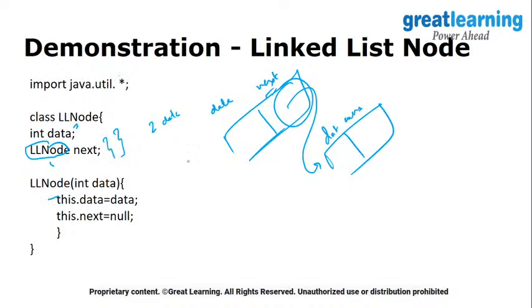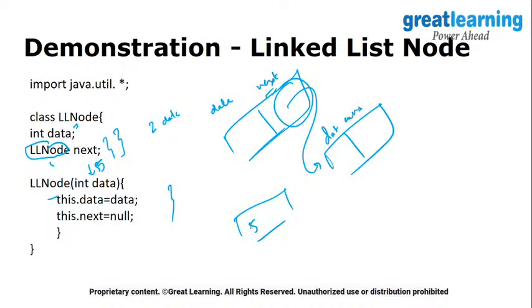These are two data members, right? And this is a constructor, which is called whenever you create objects. Let's suppose you have called this parameterized constructor and you have sent 5 as the data to store, right?